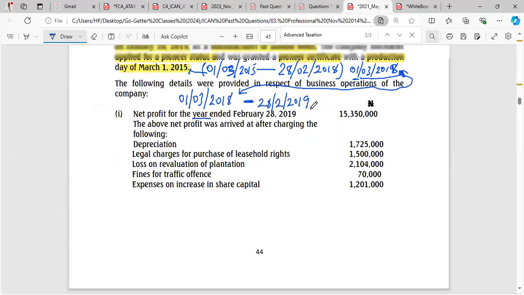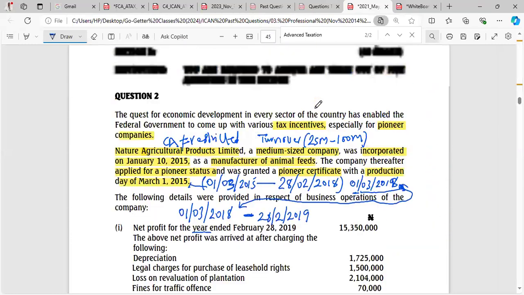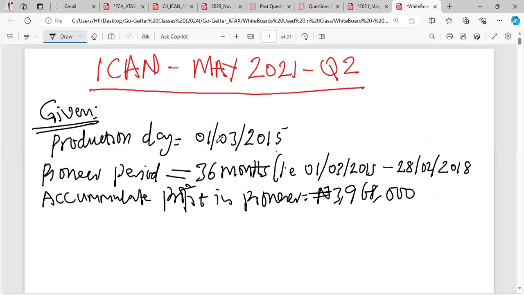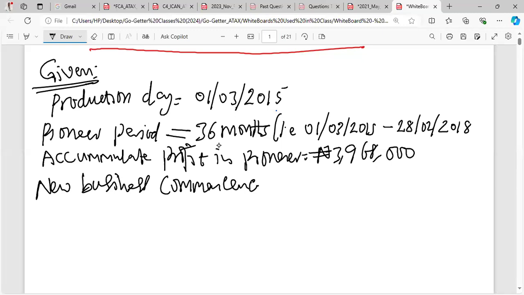Then we are also given the new business commencement date.